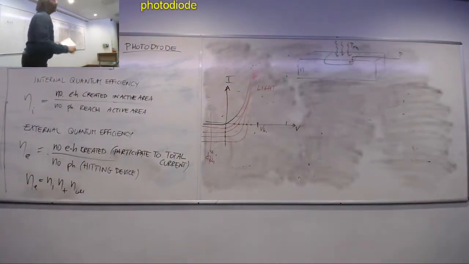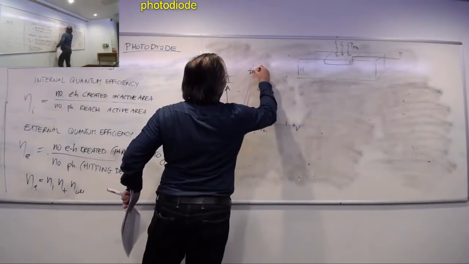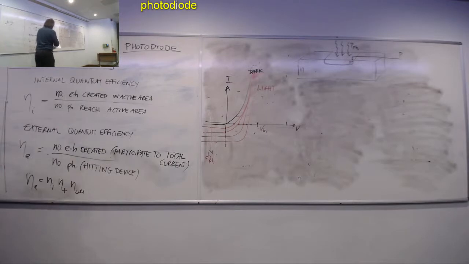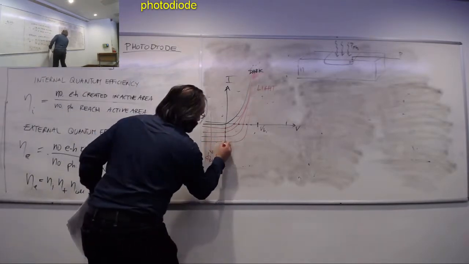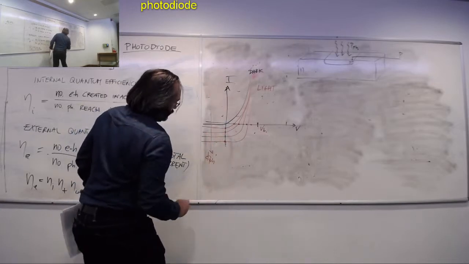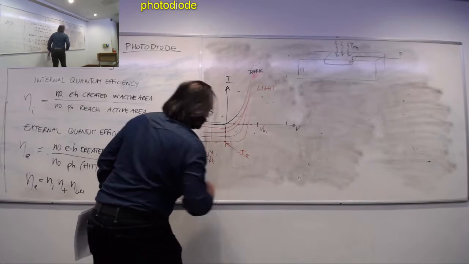So the higher the photon flux, the lower the curve. Any of these intersections on the y-axis is what defines minus ISC.